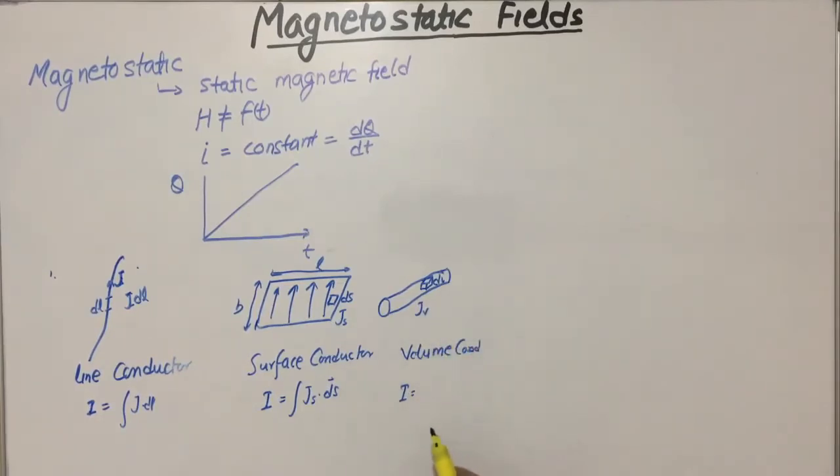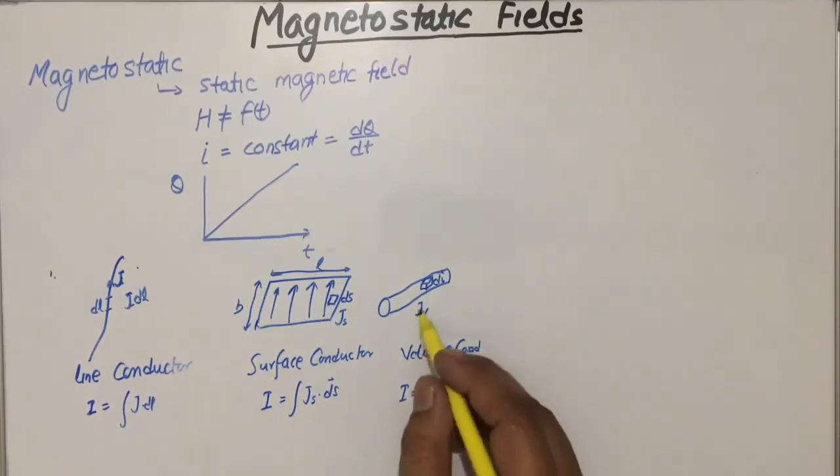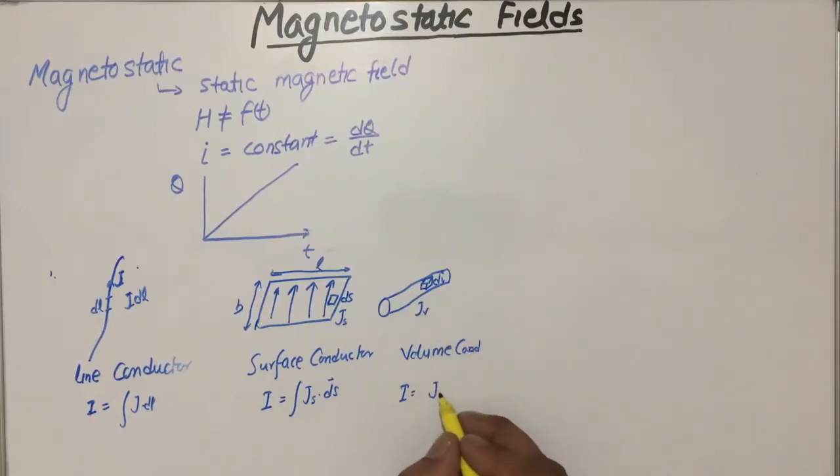So the current flowing through this will be JV dV, and for the full volume there will be a triple integration. In this way we will find the total current flowing through the conductor.